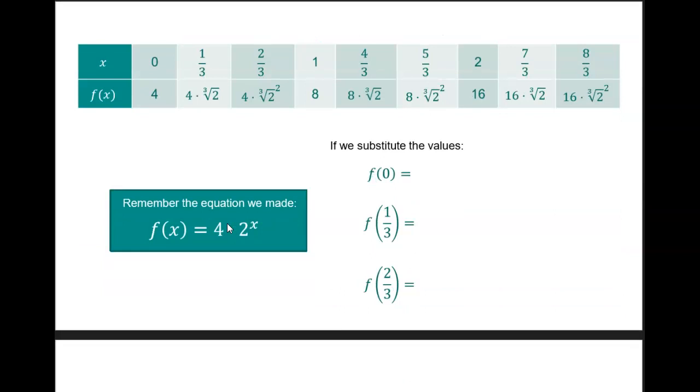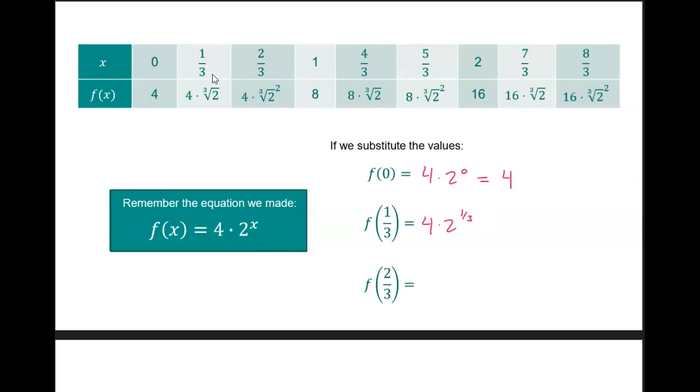So let's do the same thing with these functions that we did before with the 1/2. F of 0, we're going to put 0 in for x. This is exactly the same as we did before. 4 times 2 to the 0. Our value at 0 is 4. 4 times 2 to the 1/3. Once again, we're just substituting 1/3 in for x.